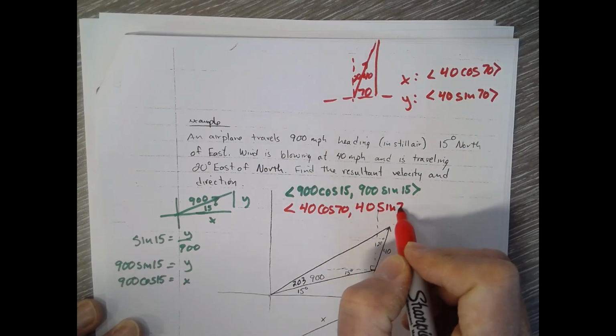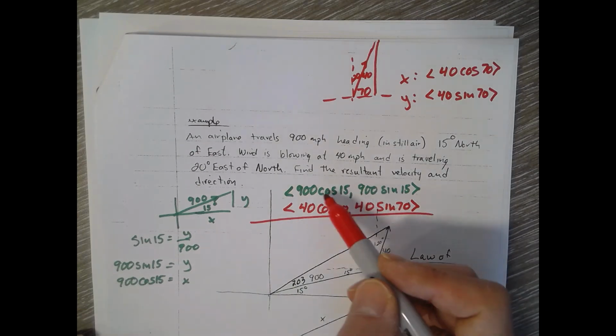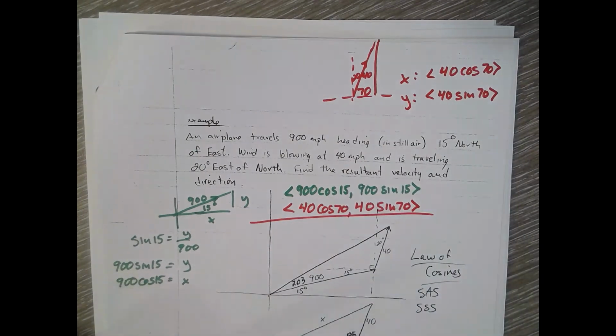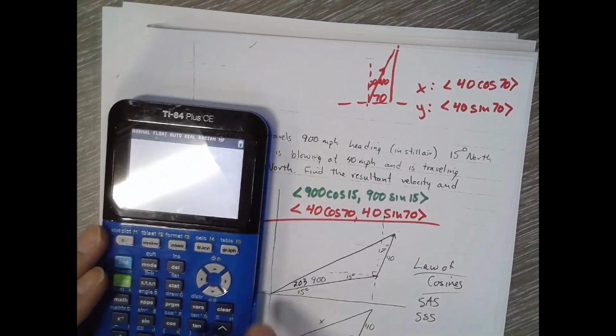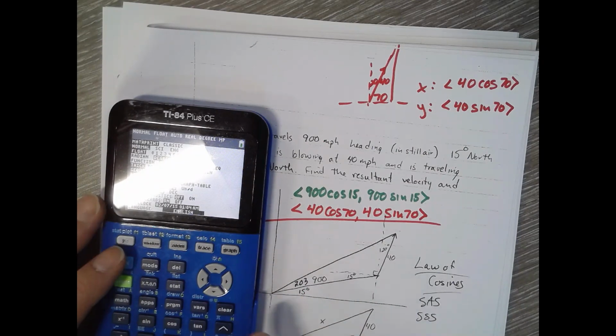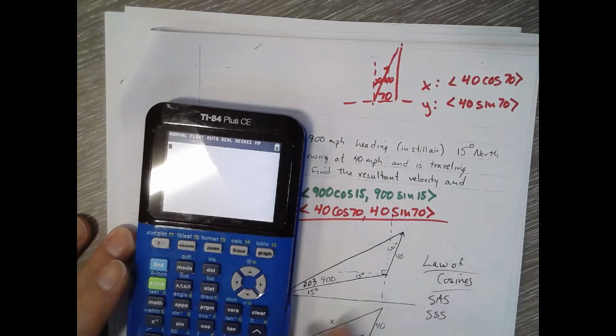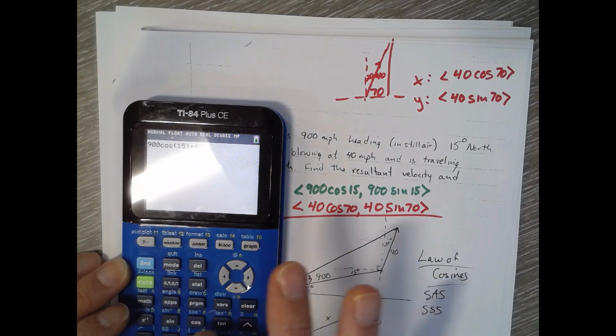We have two different vectors. We can just add them and we get our resultant vector. I better go mode degrees. This calculator hasn't been in degrees in a long time. So 900 cosine 15 plus 40 cosine 70.